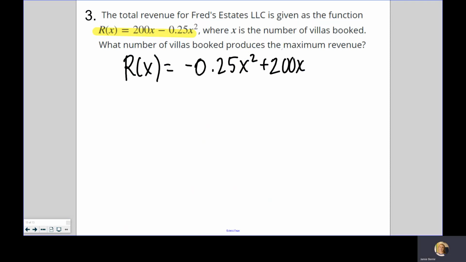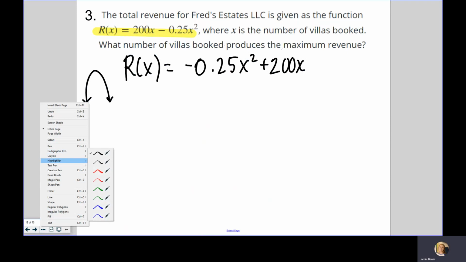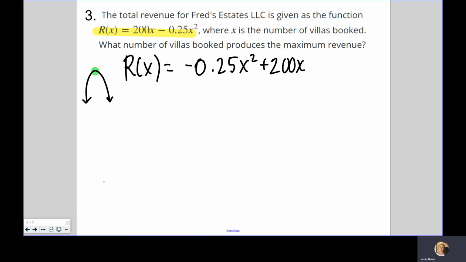Now I can see by looking at this that this is a quadratic function. I can see that my value for a is negative, so this is going to be concave down. And notice that the maximum point is going to be up here at the vertex. So they're asking for the maximum here, so we're going to need to find the vertex.